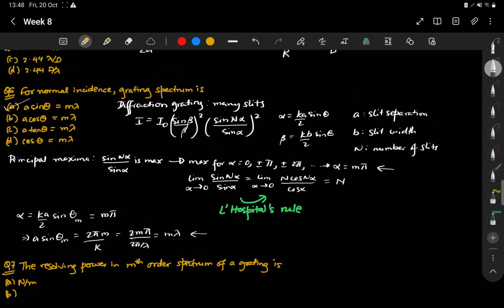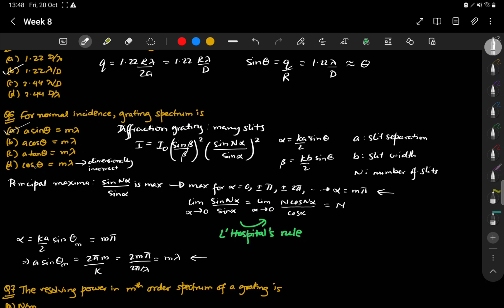Okay, before this I just want to point out one thing, that in the previous question option D was dimensionally incorrect. So dimensional analysis is very important. You would be able to rule out some of the wrong options in an MCQ simply by dimensional analysis.